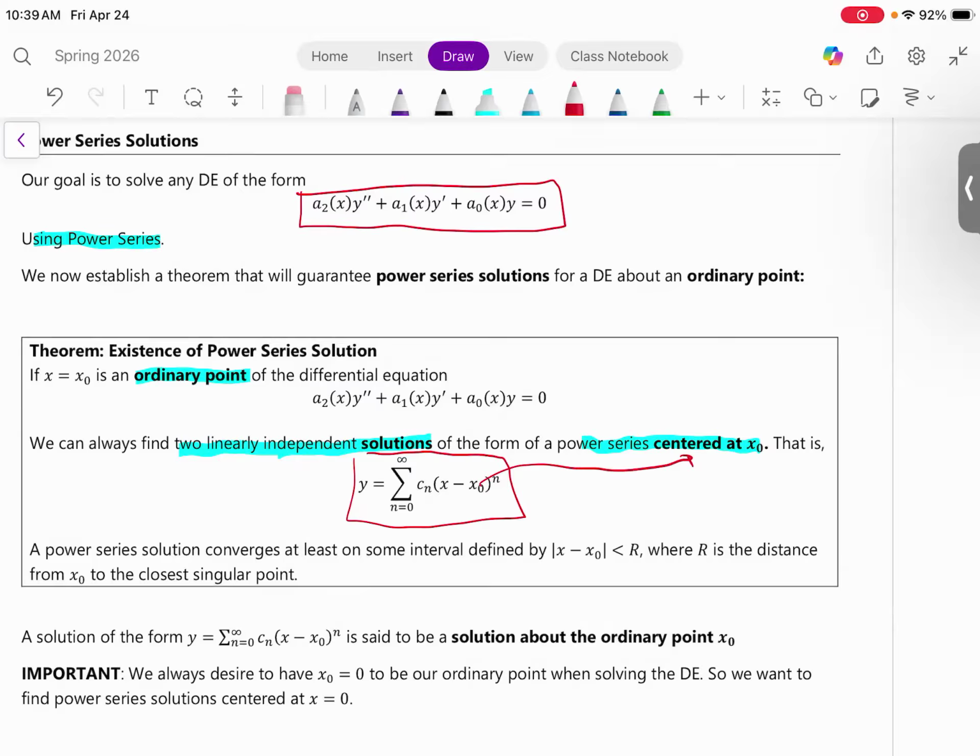A power series solution converges at least on some interval, the interval of convergence, and r is the radius of convergence. So essentially, I want to find two power series solutions to a differential equation at the center.